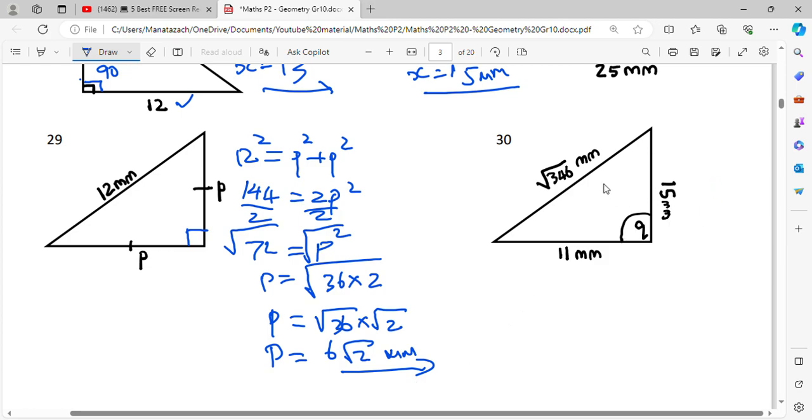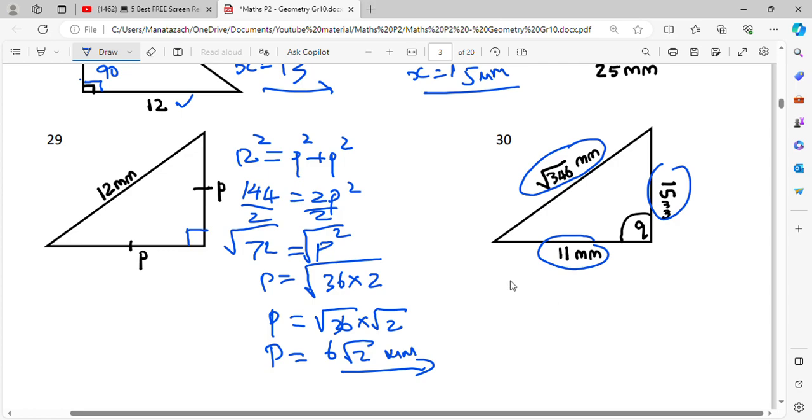Now let's do the final question. We need to find angle Q. You don't know whether this is 90 degrees. It's going to be 90 degrees if this side squared is equal to 11 squared plus 15 squared.